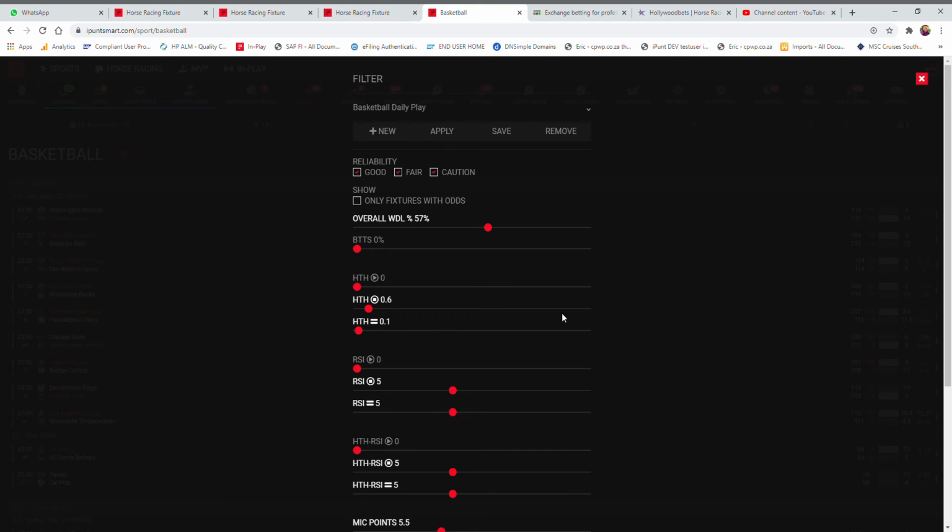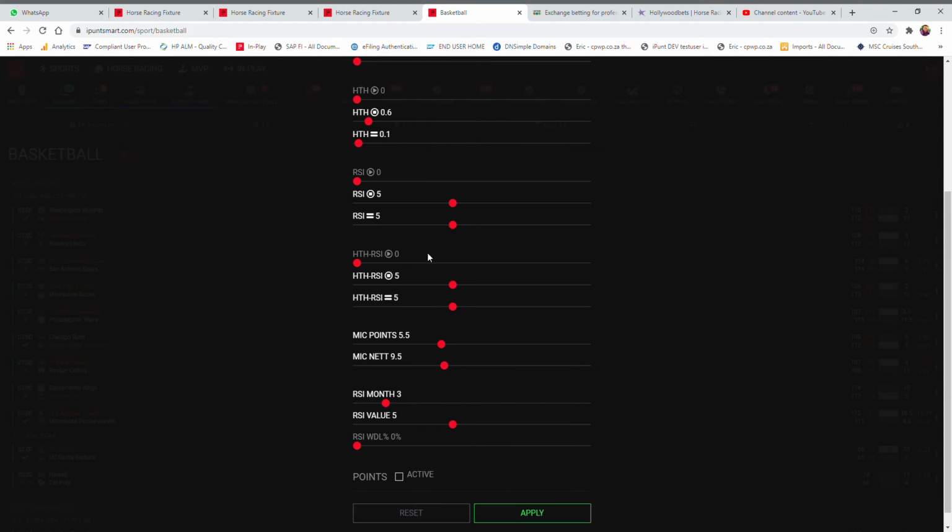So the first one is the basketball daily play filter. Overall win-draw loss percentage at 57%, the relative strength index end figure at 5, the relative strength index net figure at 5, the head-to-head minus the relative strength index end figure at 5, positive for that team, as well as the net at 5.